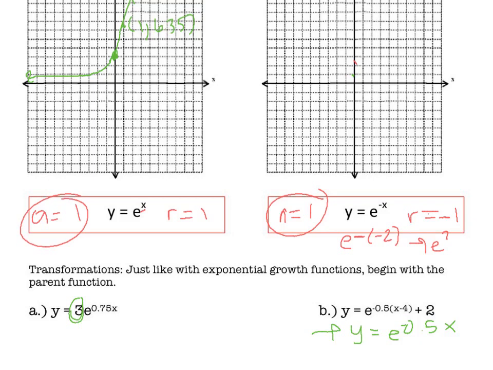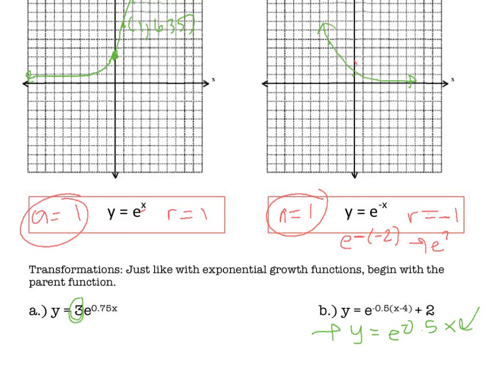Otherwise, it's just going to be a slightly smaller value, and that's not incredibly helpful. So if I put in -3 for x into this function here, I'm going to get out 4.48. So I'm going to plot 1, 2, 3, 4, 4.48. And there's a rough sketch of what the parent function should look like.